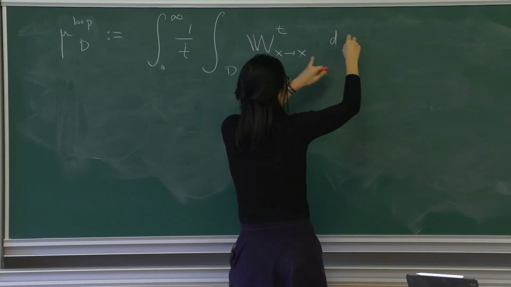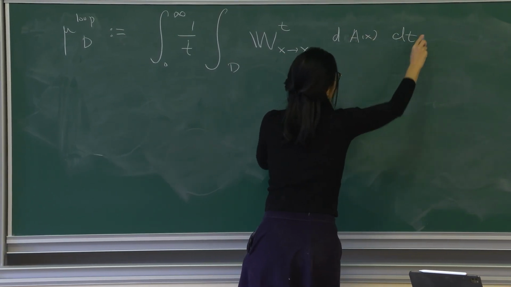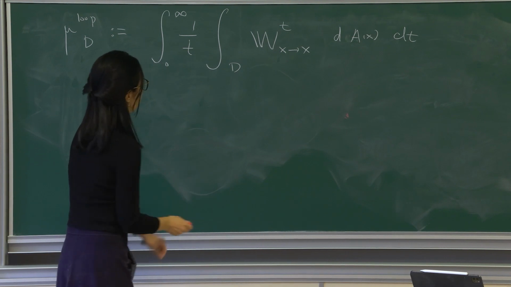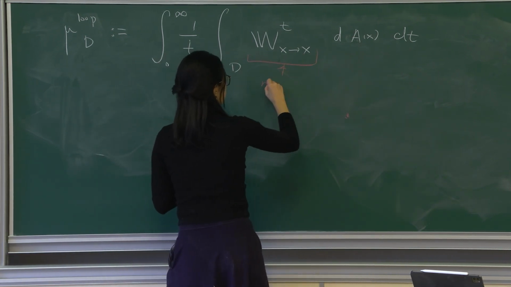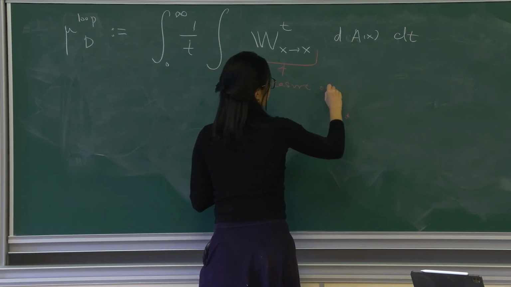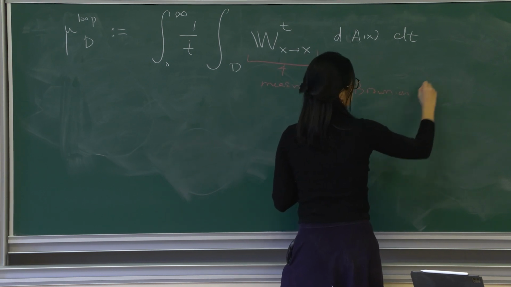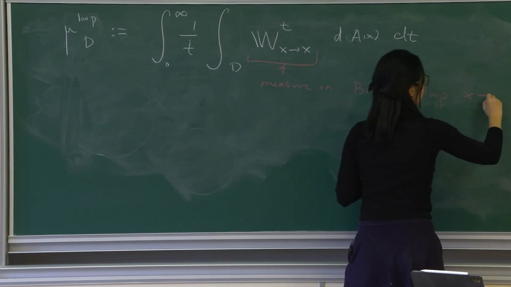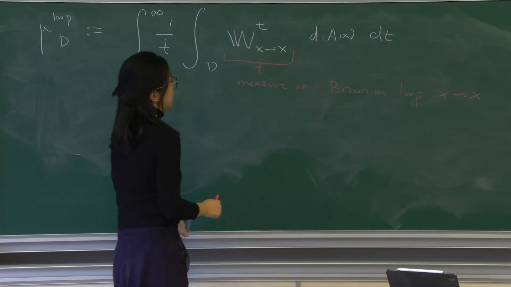Now integrate this measure dx dt. This is a measure on a Brownian loop from x to x with total quadratic variation of t.